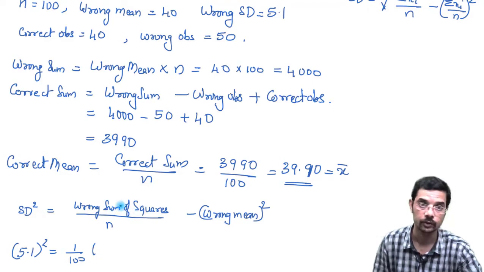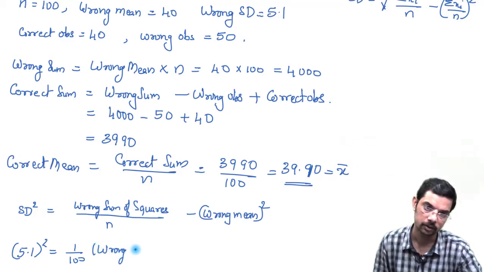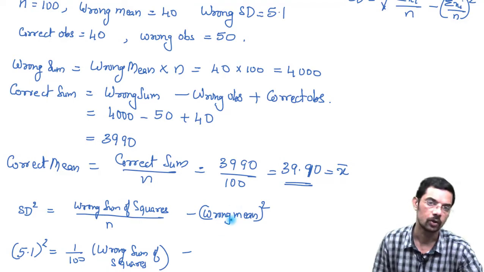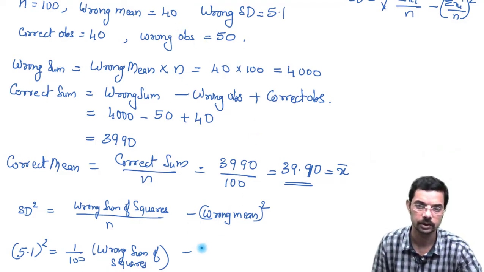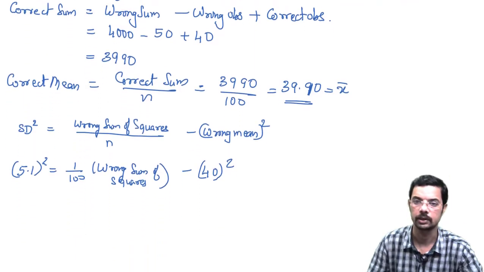What is the wrong sum of squares? It is not known to us. Wrong mean is 40, so 40 whole square.